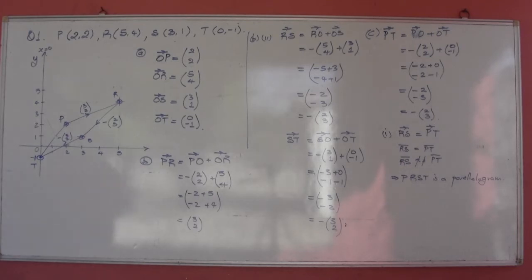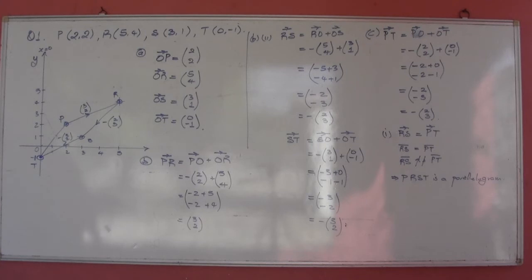We just showed that the vector RS and the vector PT are equal vectors, meaning they have the same magnitude and the same direction. Same magnitude means the lengths of the two sides are the same, and the same direction means they are parallel. Therefore, if I connect the sides, PRST is a parallelogram.